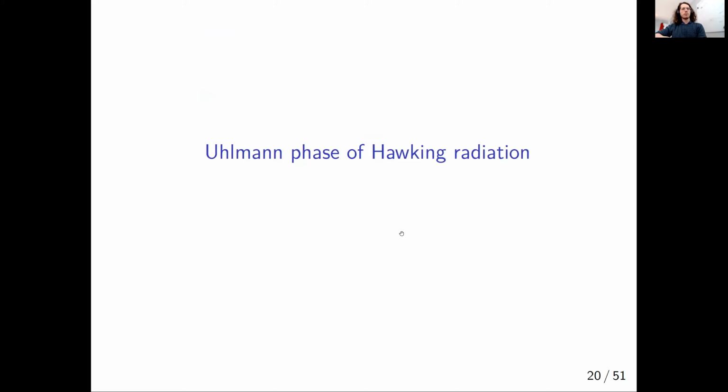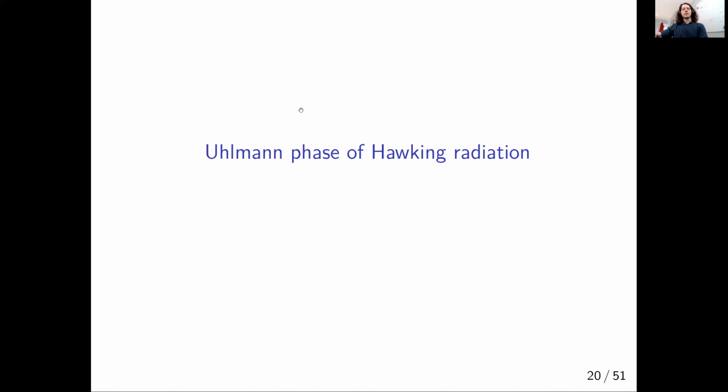All right, so now I've defined what the Uhlmann phase is. Berry phase gives us access to the classical physics of a pure system. So maybe we can hope that the Uhlmann phase will give us access to the classical physics of a mixed system. That's something I'll show in this section.